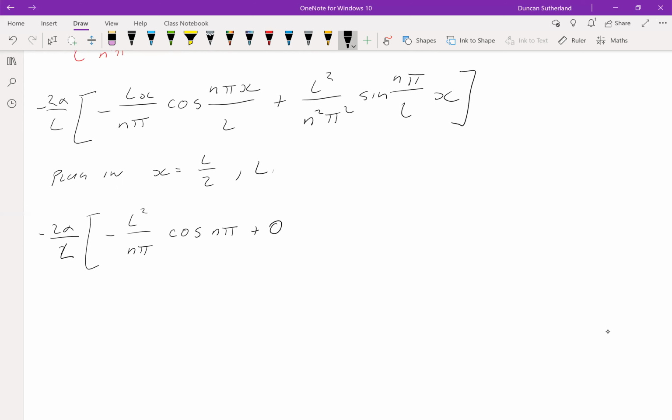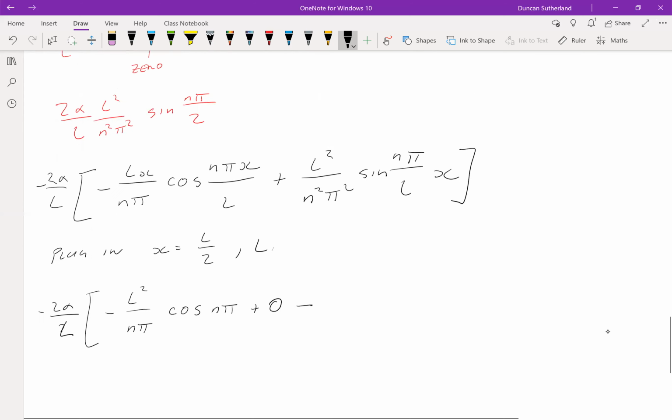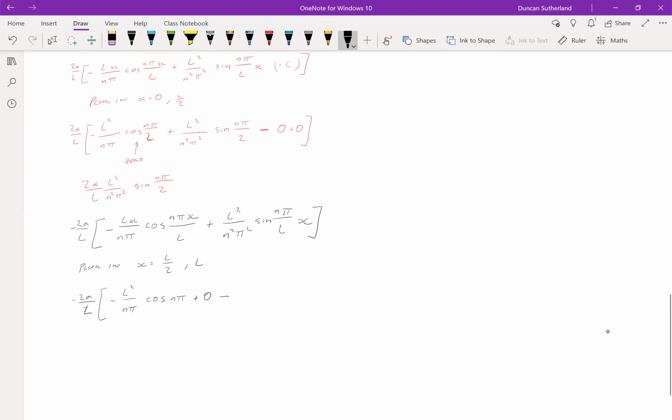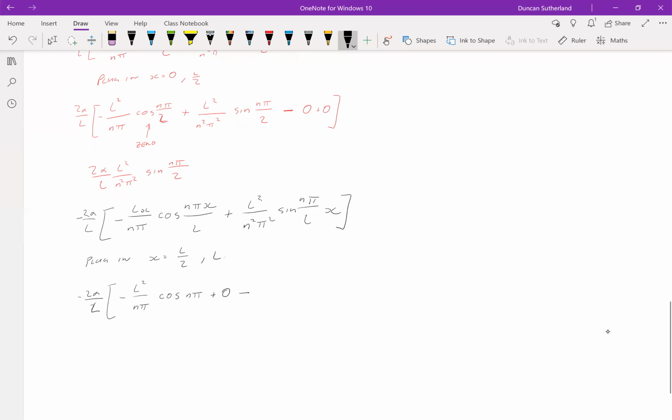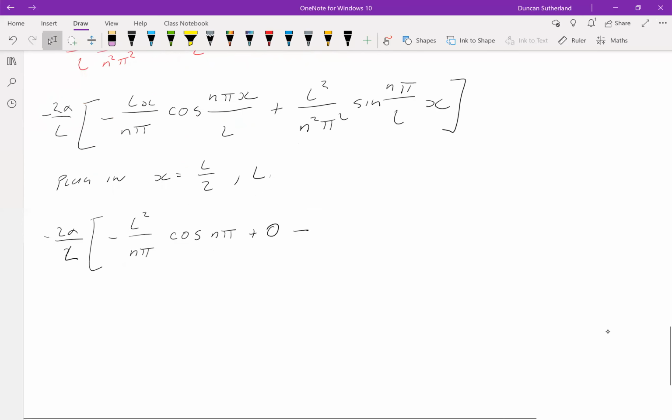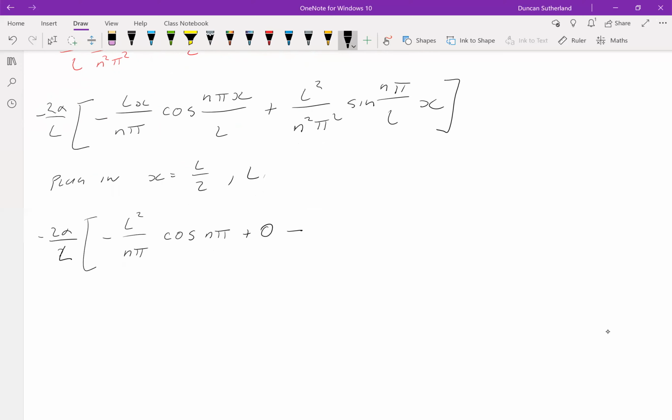Now my bottom limit. My bottom limit's L on 2. When I plug in L on 2 here, I'm going to get cosine of n pi on 2, so I'll just write that out. Now it's minus minus, so that becomes a plus.